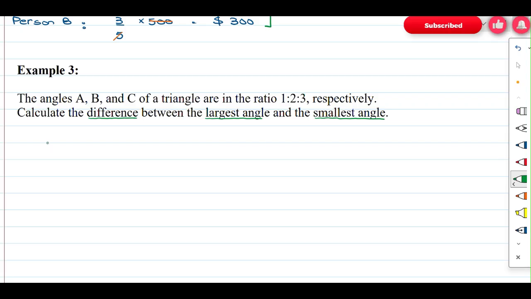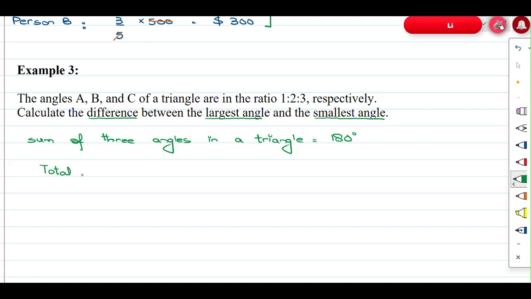As we know, the sum of the three angles in a triangle is 180 degrees. So now we have the total, and we need to solve for the total ratio as well.